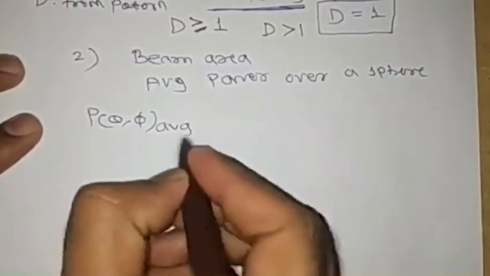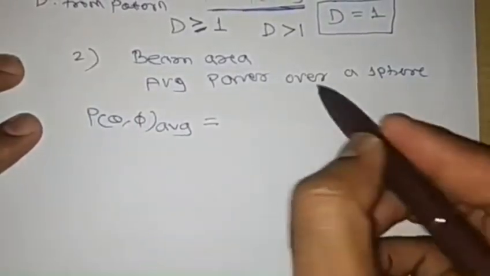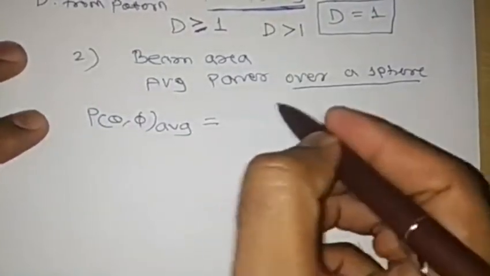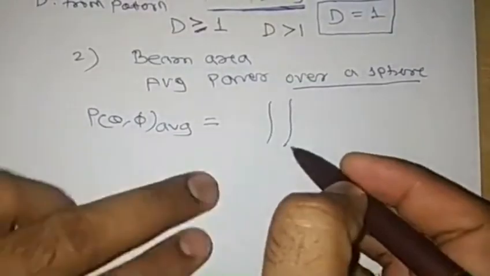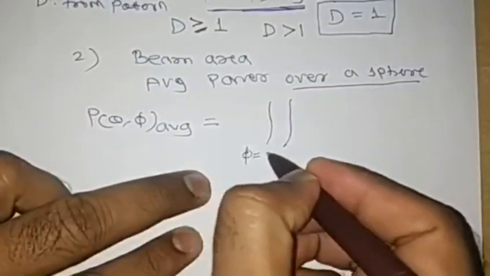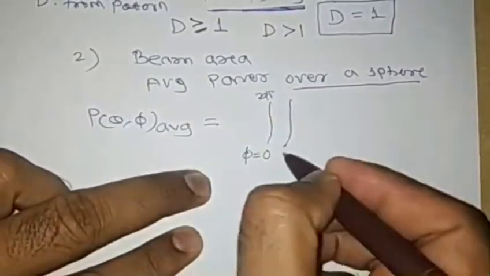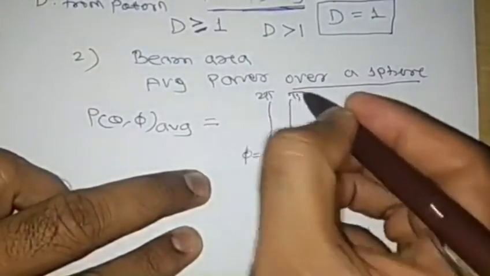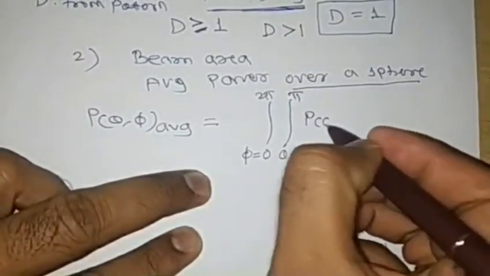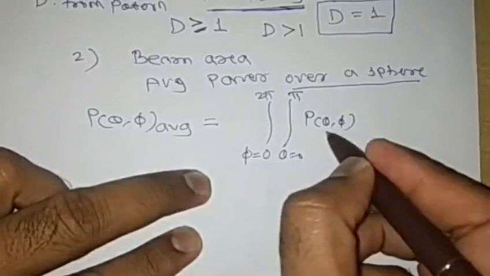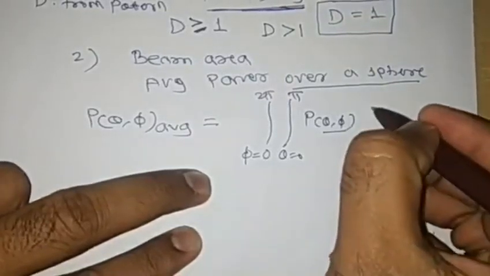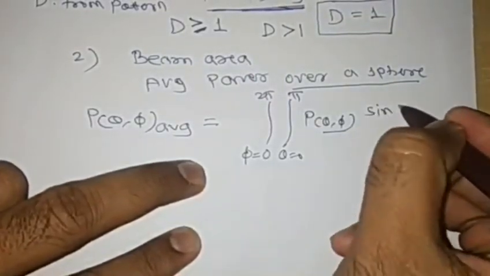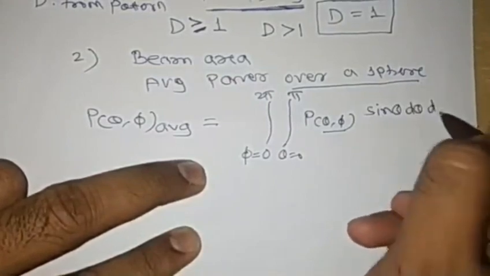The average power over the surface of a sphere is given by the double integral, with phi ranging from 0 to 2 pi and theta ranging from 0 to pi, of the power radiated by an antenna as a function of theta comma phi, times sine theta d theta d phi.